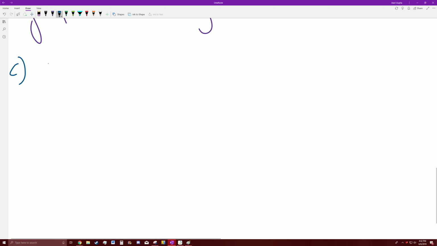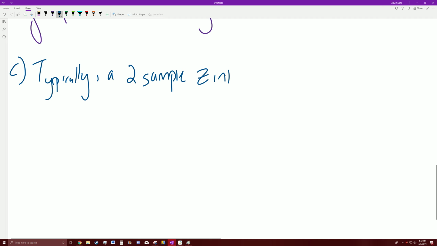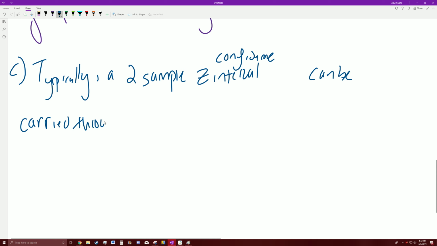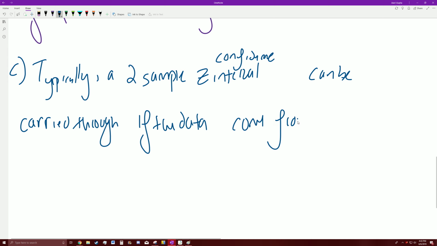So you could say something like this for question C. Typically, a two-sample z confidence interval can be carried through if the data come from two independent samples.